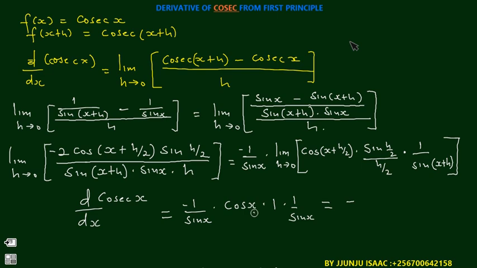Now I want to observe that we have 1 over sine, which is cosec, and we have cos over sine, which is cot. So you know cos over sine is cot, so we get negative. You can see 1 over sine, 1 over sine, that is 1 over sine squared.